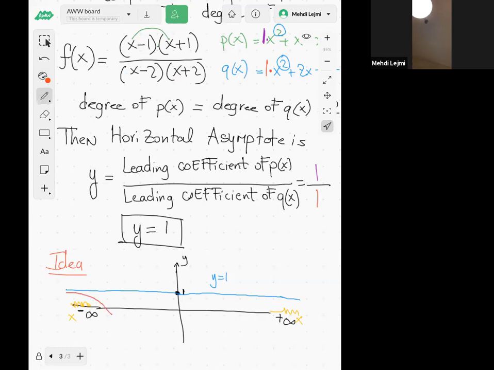Of course, it could be below or above the horizontal asymptote. But again, guys, it's going to be as close as you want to the horizontal asymptote, but it doesn't touch it. The same thing on the other side at positive infinity: your graph is going to be very, very close, as close as you want, to the horizontal asymptote. So that's what we mean by y equals 1 as a horizontal asymptote.